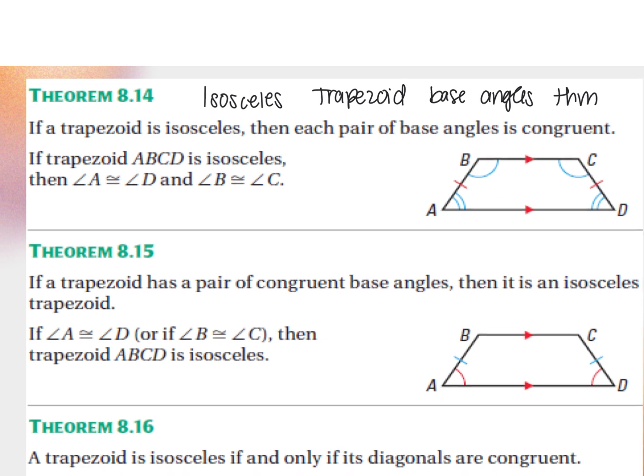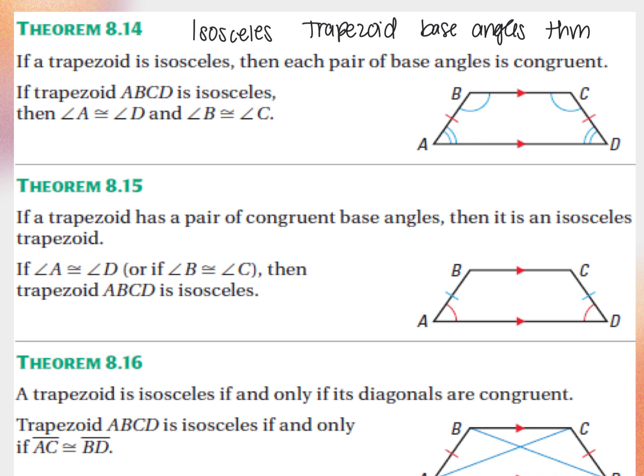Now look at the next one. If a trapezoid has a pair of congruent base angles, then it is an isosceles trapezoid. What do you think that one's going to be? Look at the statements. Yes. It's going to be the converse of the first one. Good.